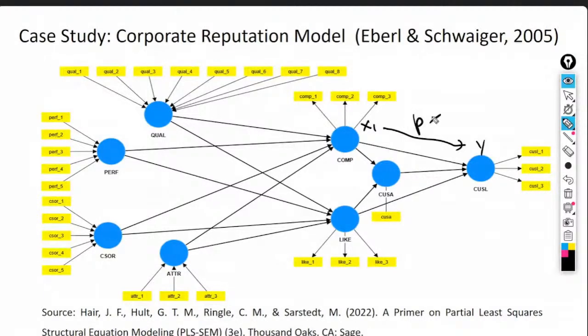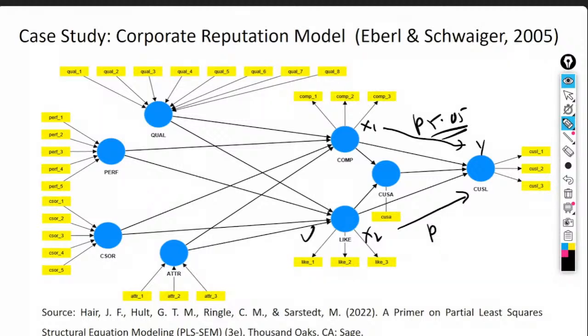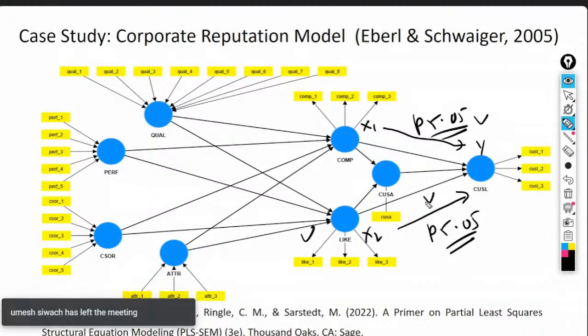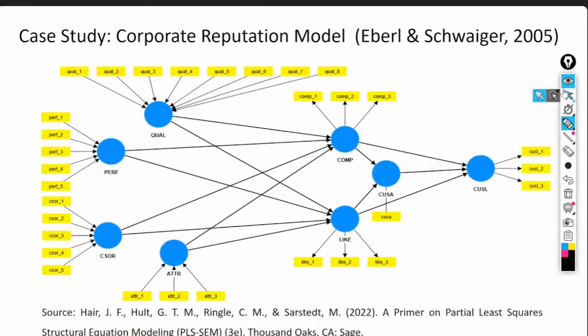It should be significant, and the p value should be this. And for the second variable, x2, again I am checking whether this relationship is significant or not. Once both relationships are significant, then I can include the mediating variable and find the indirect effect. Okay, so this is my model.